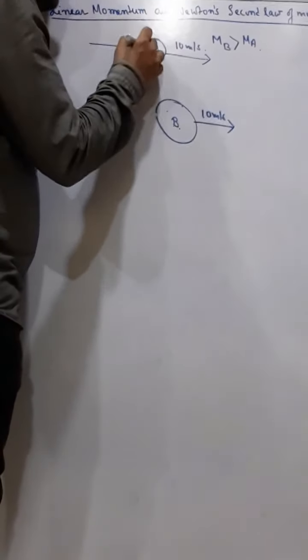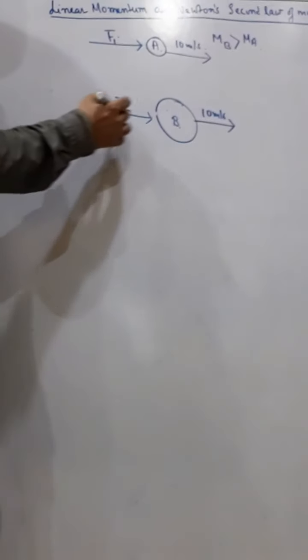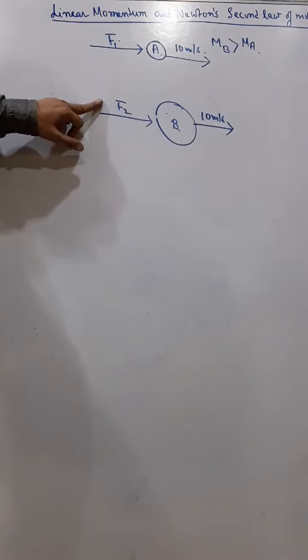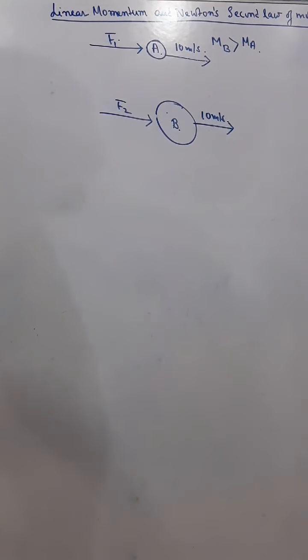From Newton's first law, an external force has to be there. So I am giving a force F1 and a force F2. That means I require two different forces. It's not that their velocities are the same and therefore I have to give the same force, because the mass of the two bodies is different and I want both of them to move with the same velocity.